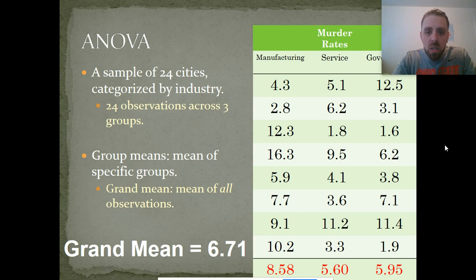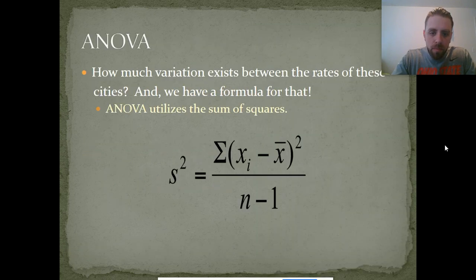That would be X11. If I wanted to look at this service sector mean of 5.1, that is now in the second group, but it is the first observation within the group. So that would be X12, and so on and so forth.